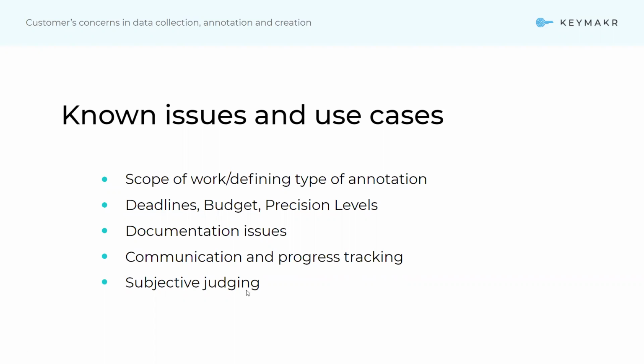Good. And subjective judging. Again, when we talk about annotation, creation, or collection, we're always down to subjective judging. Let's say this person doing this fitness motion use case, as I mentioned, is jumping, but for your model, it's not high enough.